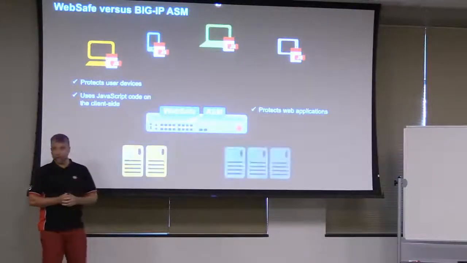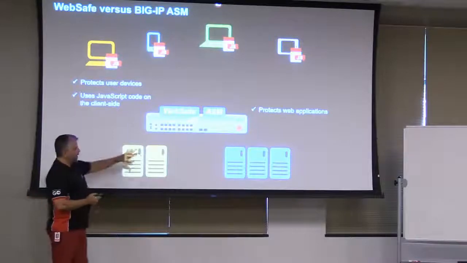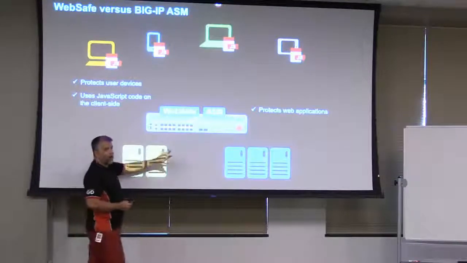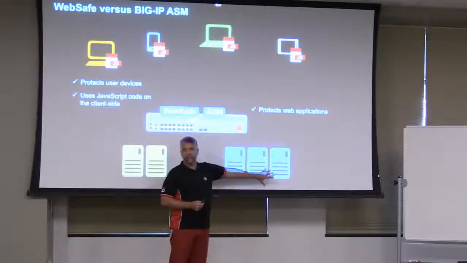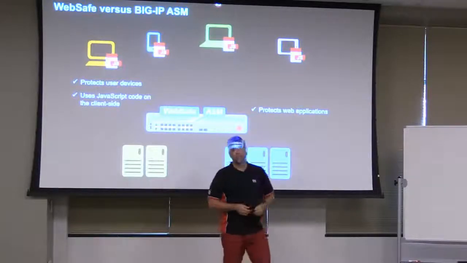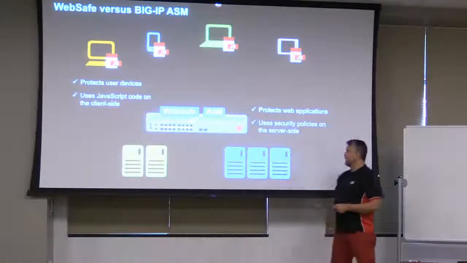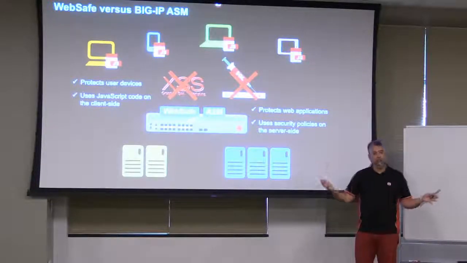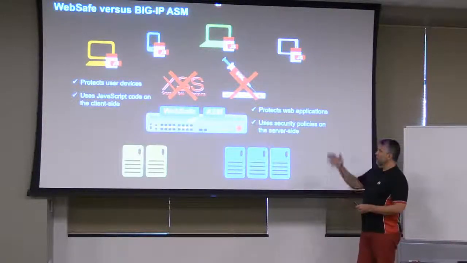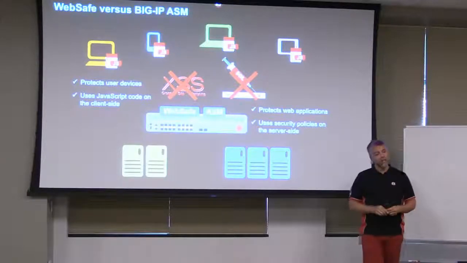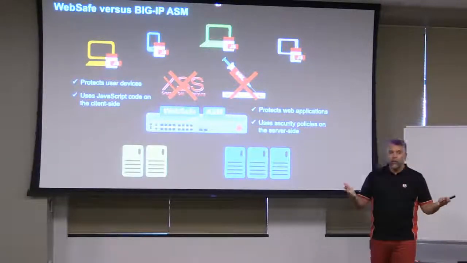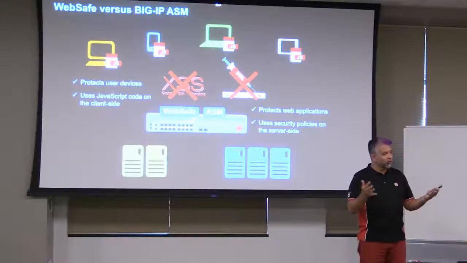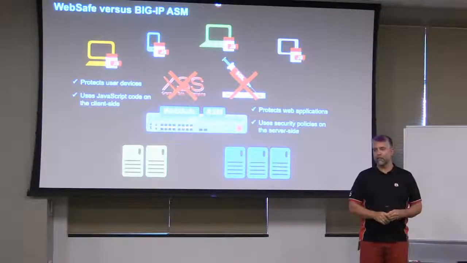ASM has a different benefit. ASM protects our back-end servers, our applications, and it does it using security policies, which we've covered yesterday and today. So we can have security policies that will block things like targeted SQL injection and cross-site scripting and forceful browsing and layer 7 denial of service attacks.